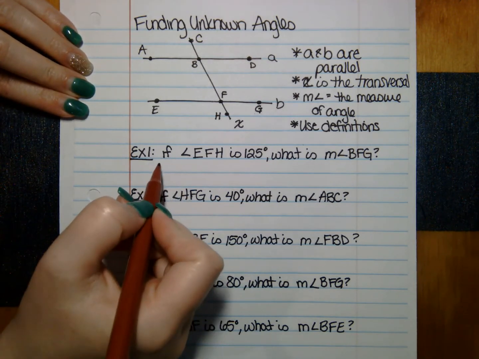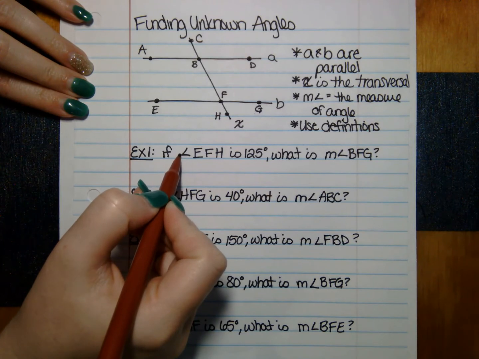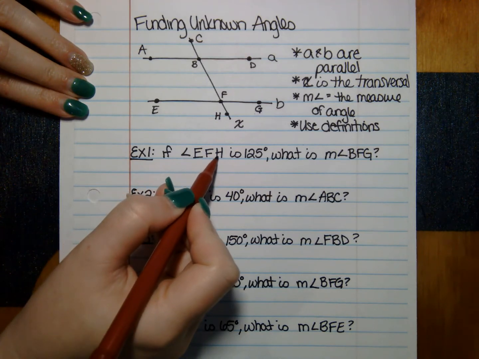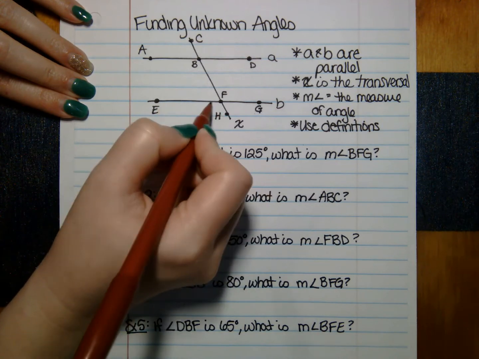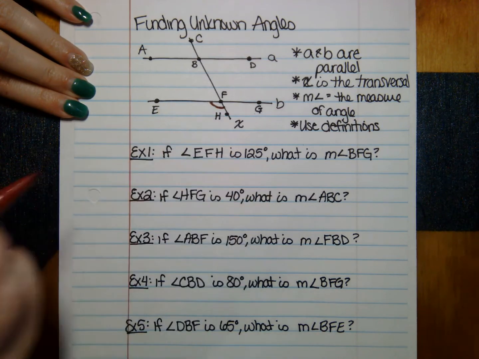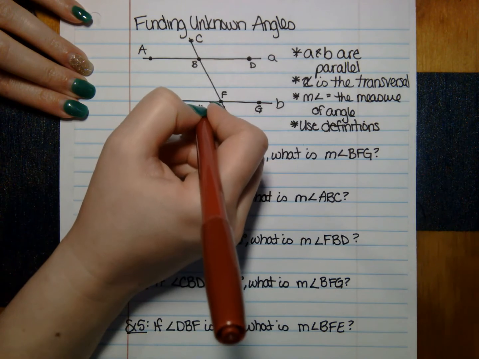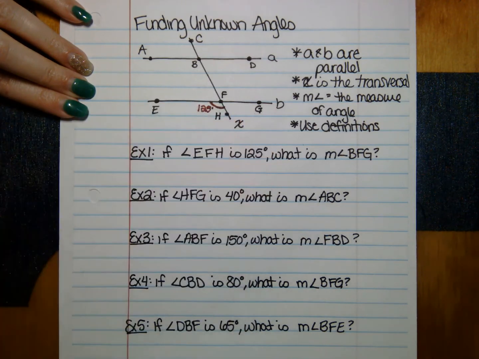So for example 1, it says that the measure of angle EFH is going to be 125 degrees.